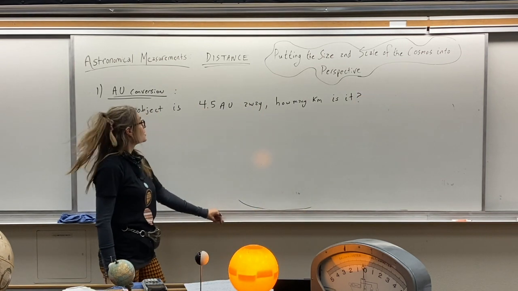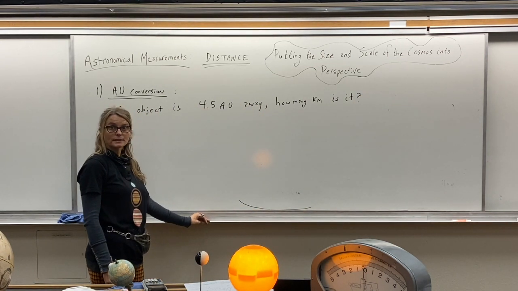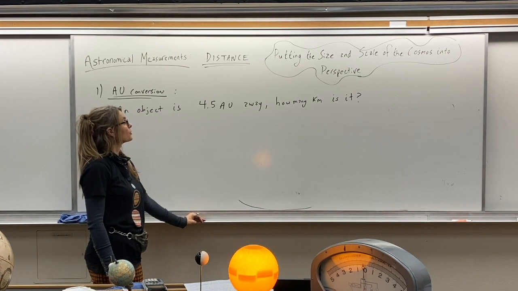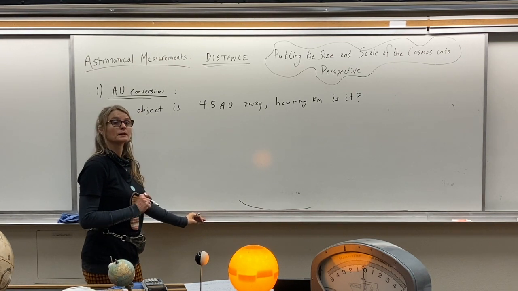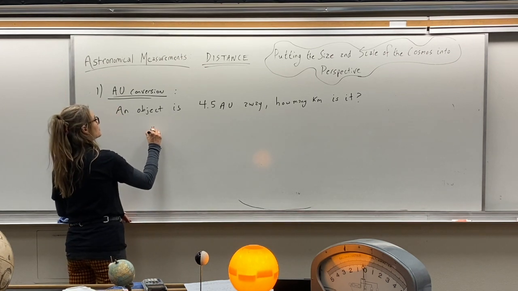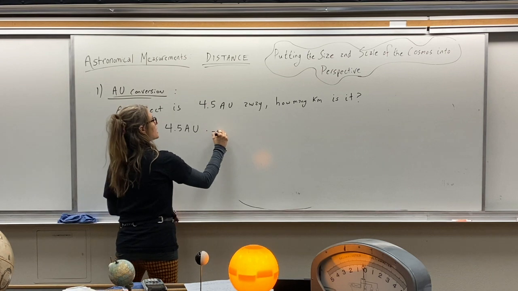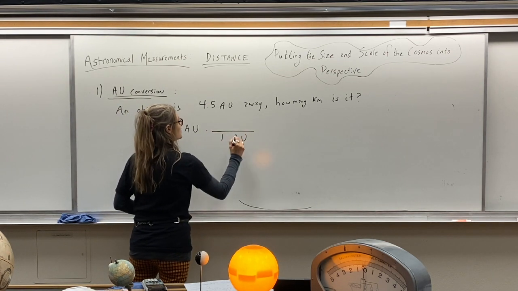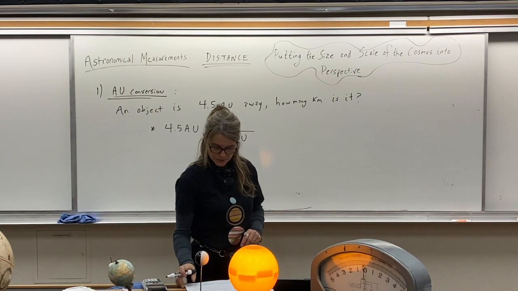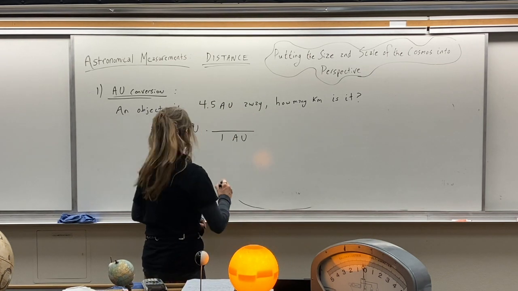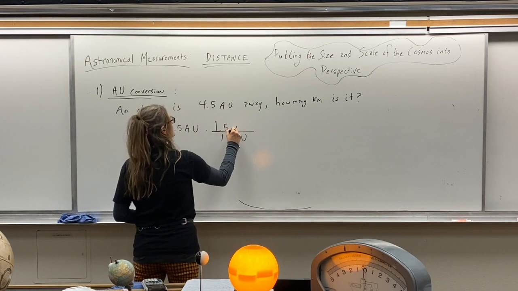let's say we have an object, perhaps an asteroid, between the orbit of Mars and Jupiter. We see that it's 4.5 AU away, and we want to know the number of kilometers. Well, what we do is we take our unit that we know, 4.5 AU, times 1 AU, which is equivalent to, again, 1.5 times 10 to the 8 kilometers.